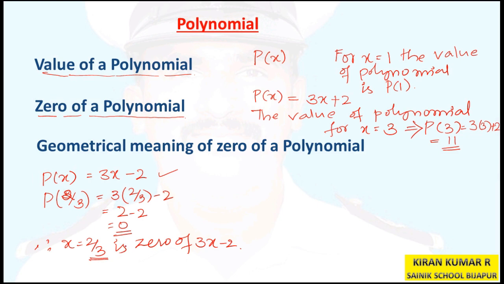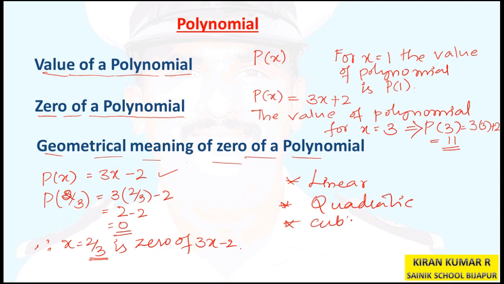This we have understood by geometrical meaning of zero of a polynomial. We have seen three cases. The first case was for a linear polynomial. The second case was for a quadratic polynomial, and the third one was for a cubic polynomial.